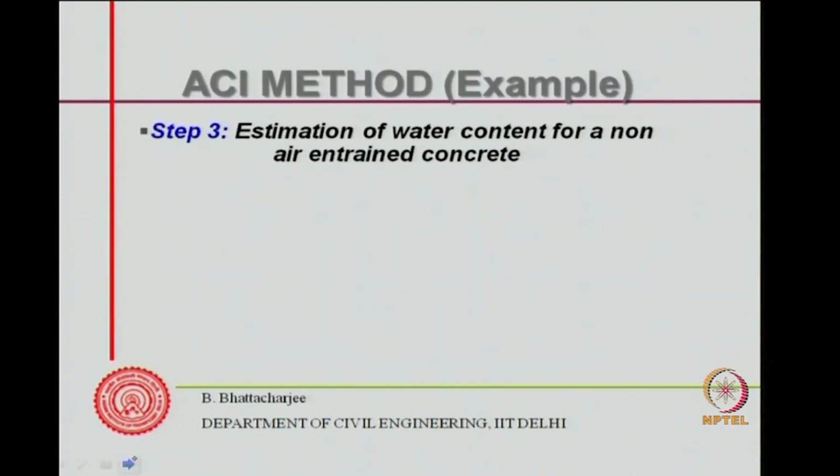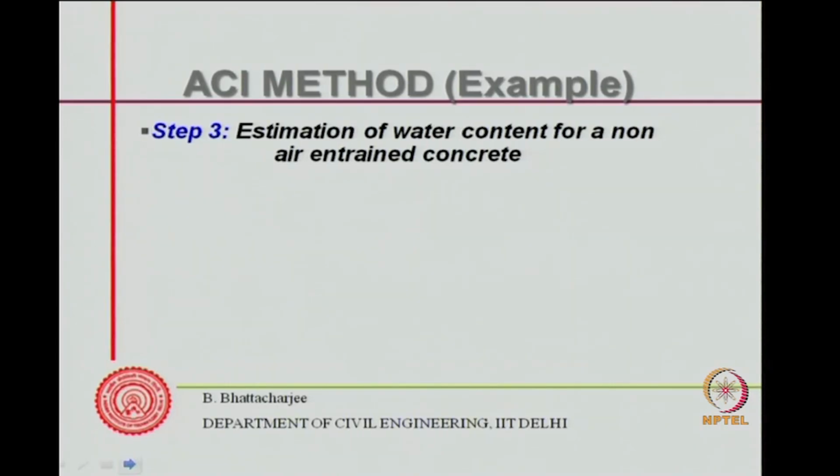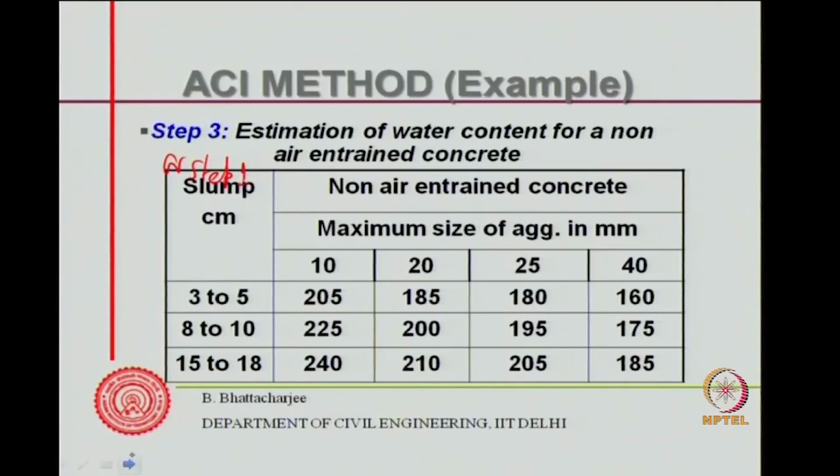So, the first step would have been step 3 in the code, but we are considering it as step 1. For non-air entrained concrete, we have to estimate the water content, and this is the table.